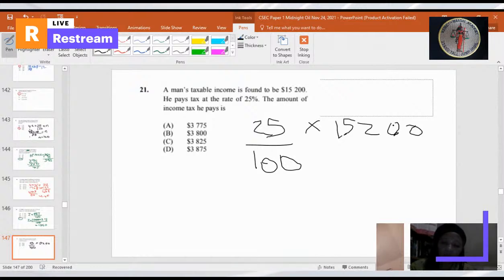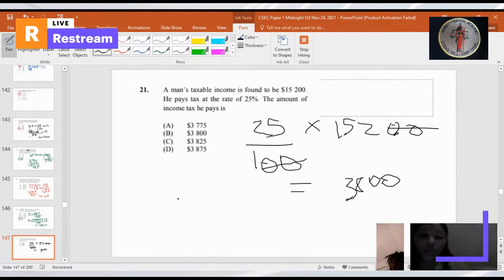All right, so we cancel our zeros, and it is 25 times 152. 25 times 2, that's 50. 25 times 5, 125 plus 5, 130. 25 times 1 is 25 plus 13 is 38. So that's 3,800.